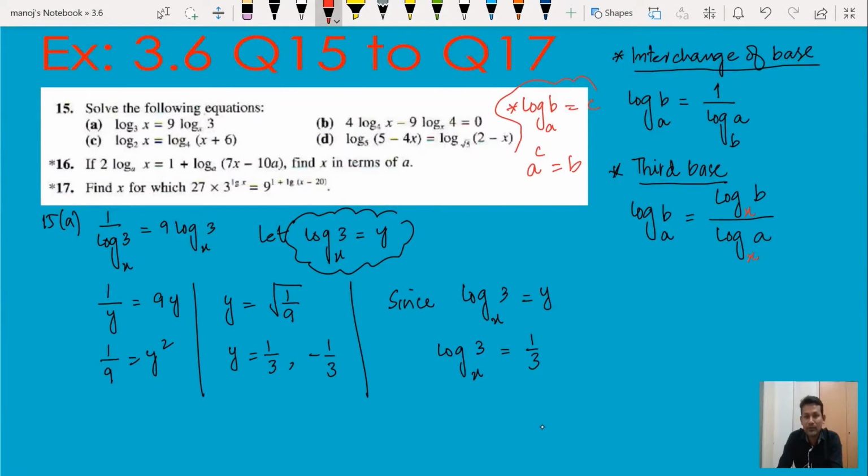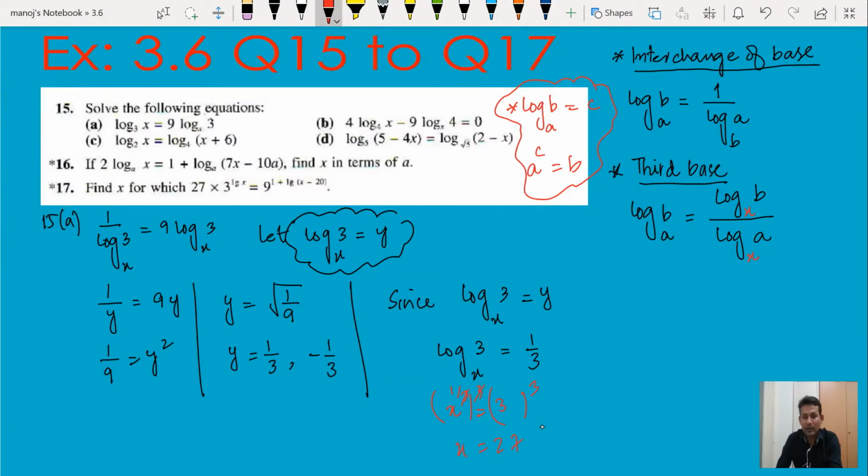This rule is used when we convert the log form to the index form. So x will become the base, 1 upon 3 will come here as the power, and this 3 will move here. When you remove this 1 upon 3, you have to apply the cube to both sides. This 3 cancels out, and x equals 3 cube, which is 27.